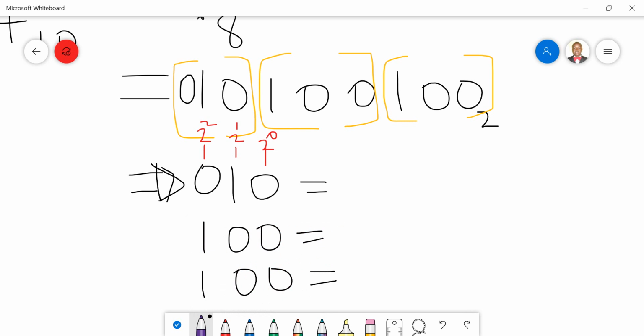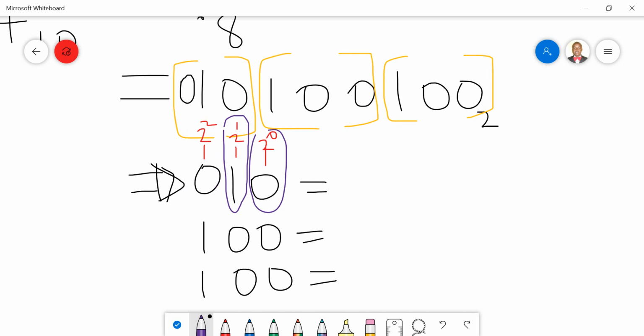So the first one is this part: 0 multiplied by 2 to the power 0 is 0, plus 1 multiplied by 2 to the power 1. 2 to the power 1 is what? It is 2. The last part is 0. So the answer here is 0 plus 2 plus 0.